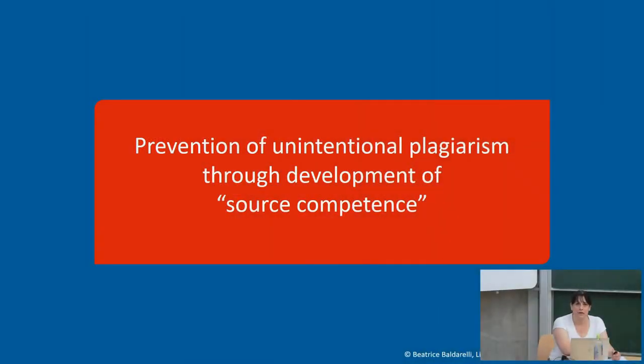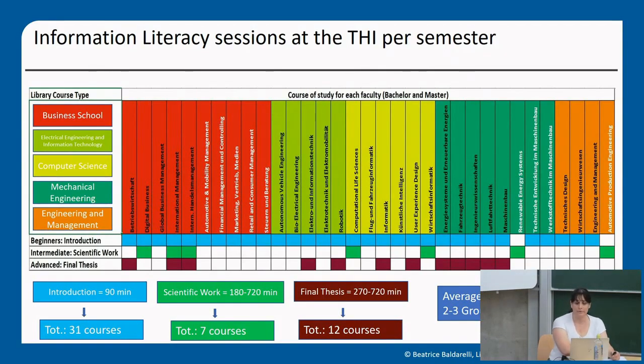We proceed now with the main topic of this presentation: prevention of unintentional plagiarism through development of source competence. The Library of the University of Applied Sciences in Ingolstadt offers to approximately 6,000 students from more than 30 degree programs an average of 400 information literacy courses per year.